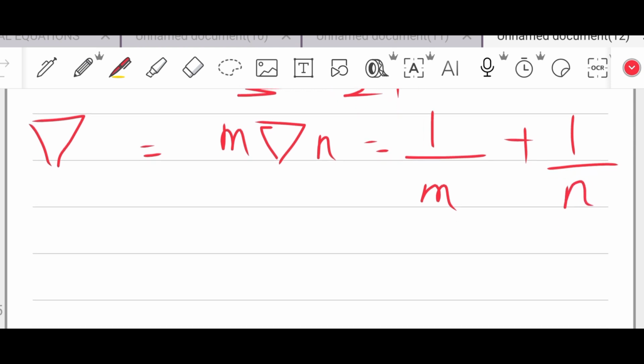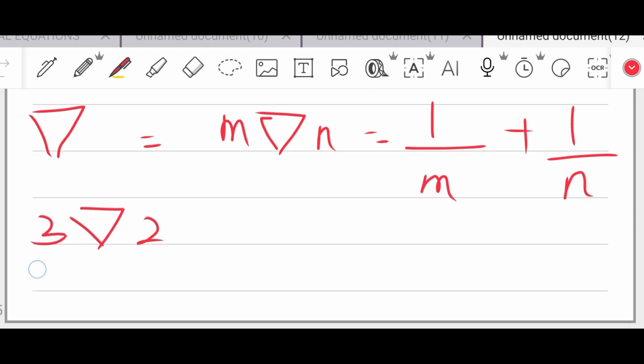In that case, we are asked to evaluate these numbers, where we have 3 operation 2, and then we also have 2 operation 3.